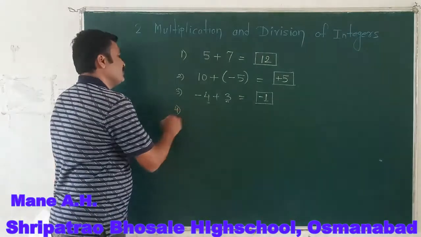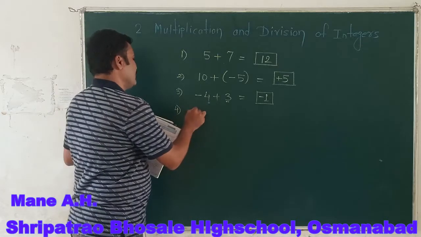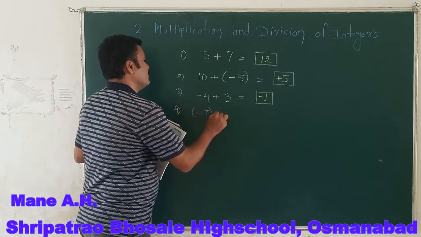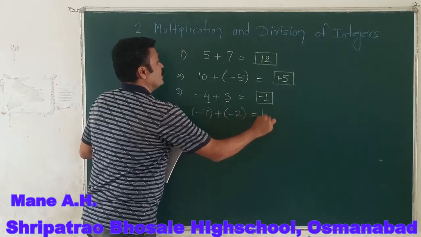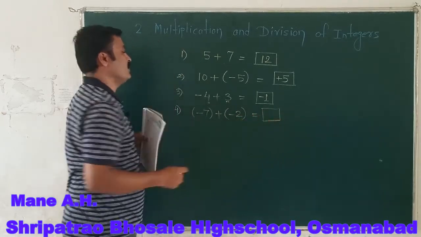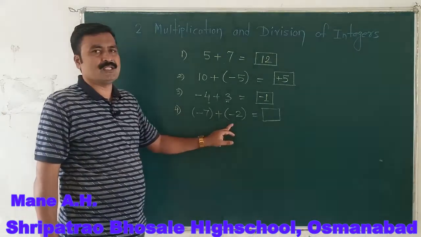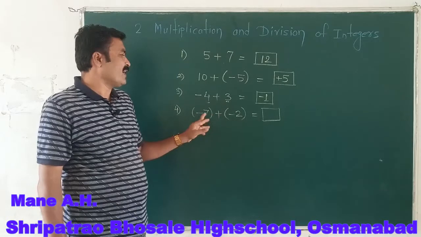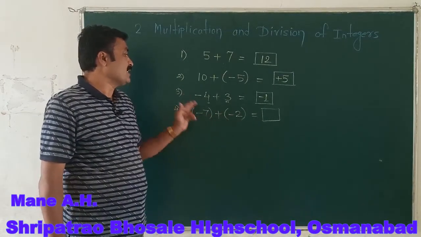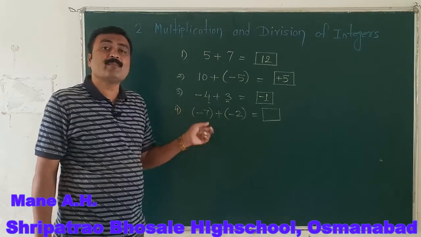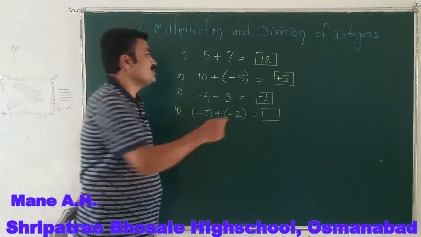Thereafter, the fourth example given here is -7 in the first bracket plus -2 in the second bracket is equal to box. Now this is the addition of two negative integers. So while adding two negative integers, first we add their magnitudes. Now 7 plus 2 we get 9 here.